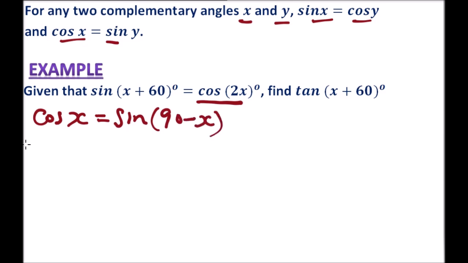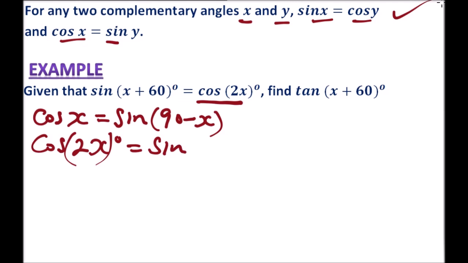For example, if you say cos x is 60, then this will be 90 minus 60, which is 30, which we have found to be true up here. So we can write cos 2x degrees is equal to the sine of the complementary angle, which is 90 minus 2x degrees.